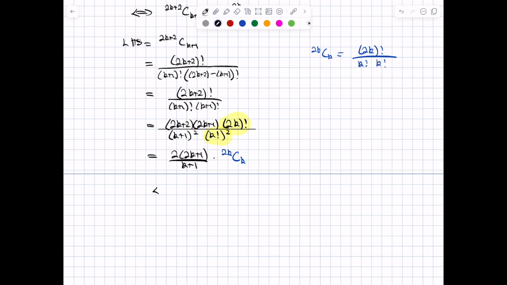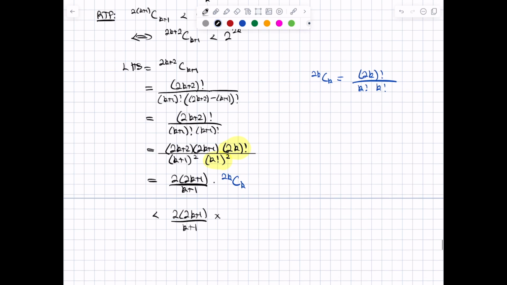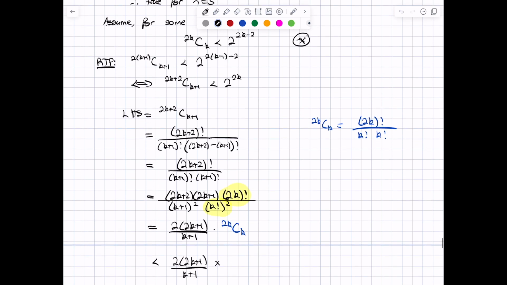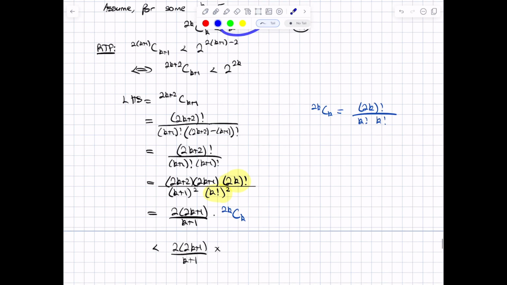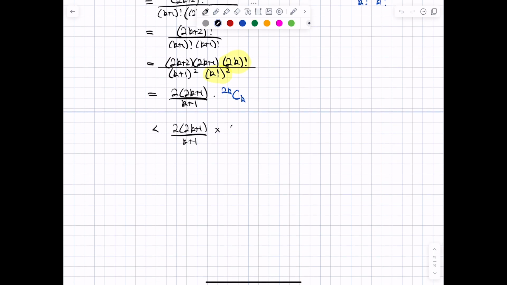So I'll say that this is less than 2 times (2k+1) over (k+1) times, from the assumption, less than 2 to the power 2k−2. I'm using my assumption, so I'm going to reference it by star.